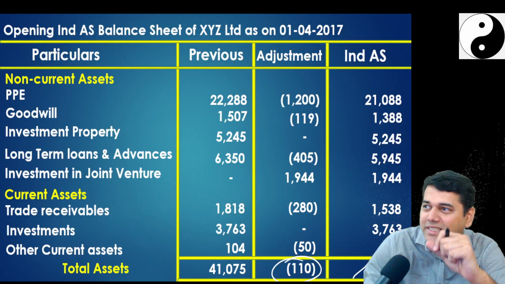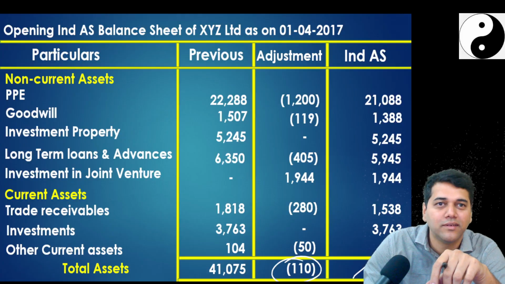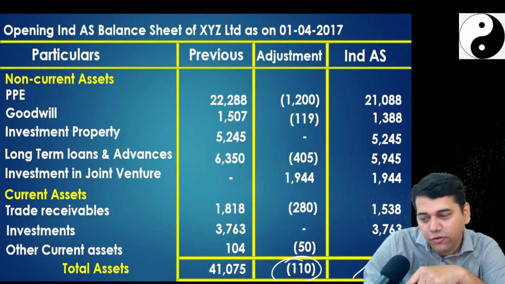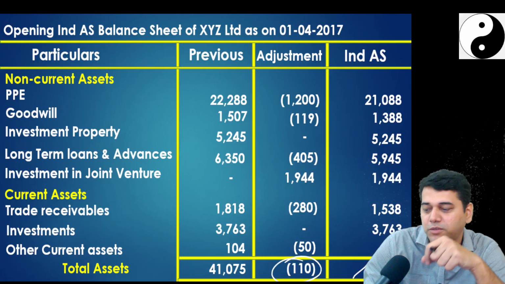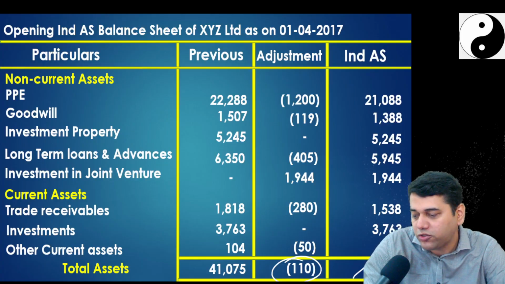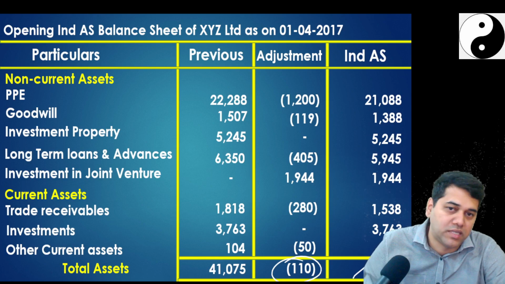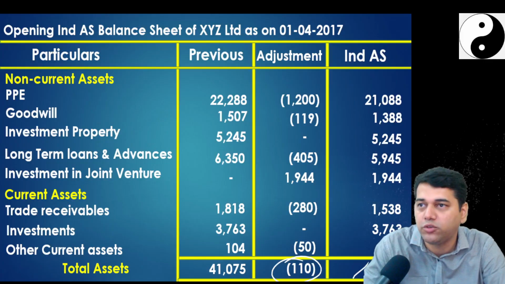You took the balance sheet, didn't I tell you? You see the trap here? They could have given you one balance sheet. Why did they give you one more balance sheet there? The 31st March 2018 balance sheet was subject to restatement. When did they ask you to prepare the corrected balance sheet? As on 1st April 2017. So chances are very low that you restate again.